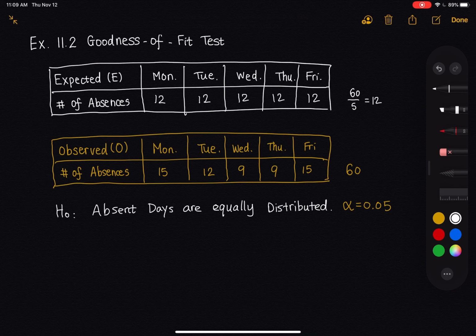We have to use the goodness of fit test in order to see whether we can have an alternative hypothesis, or alternative belief, that absent days are unequally distributed.